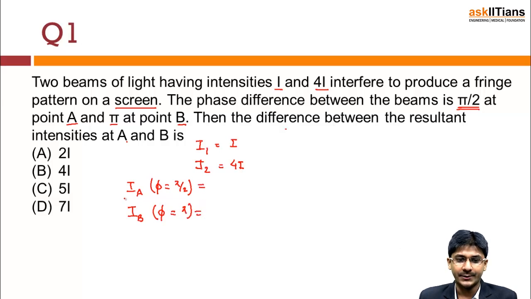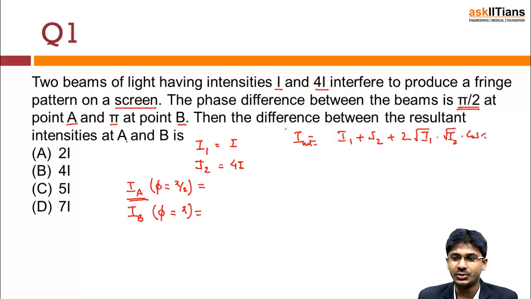Okay. Now what is the formula for intensity? We know that the net intensity I is I1 plus I2 plus twice root I1 root I2 into cos phi, where phi is the phase difference between the two waves.